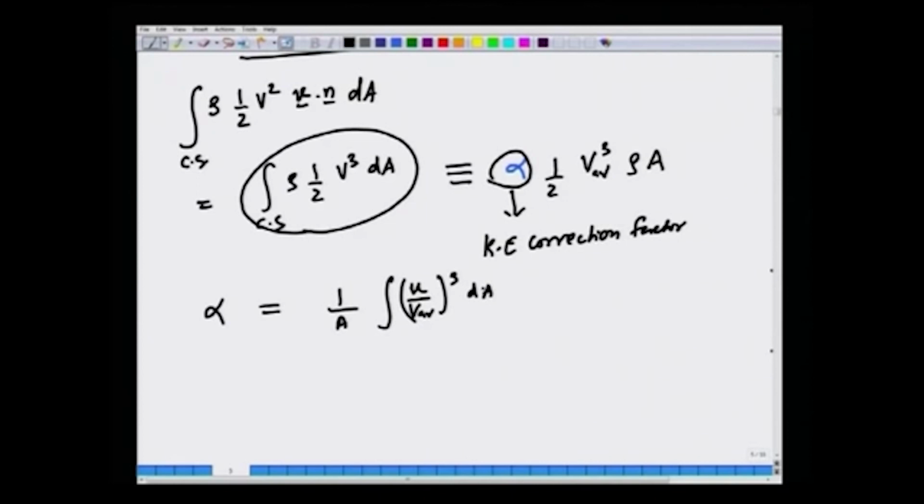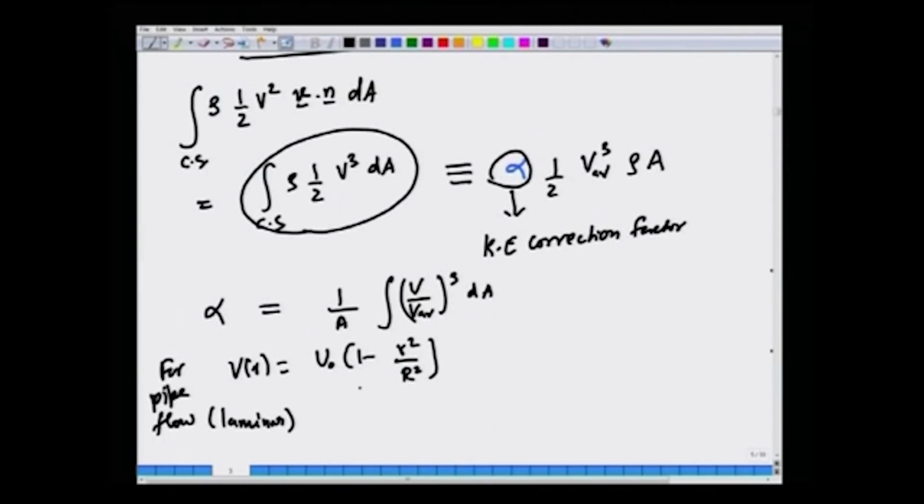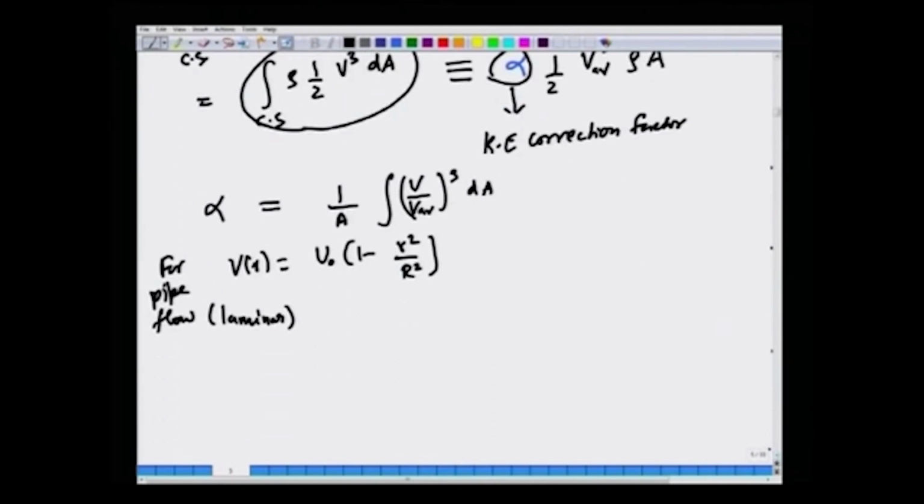Okay. So, for pipe flow, laminar pipe flow, V of r is some maximum velocity times 1 minus r squared by R squared. So, we can calculate what V average is and then we can calculate alpha.